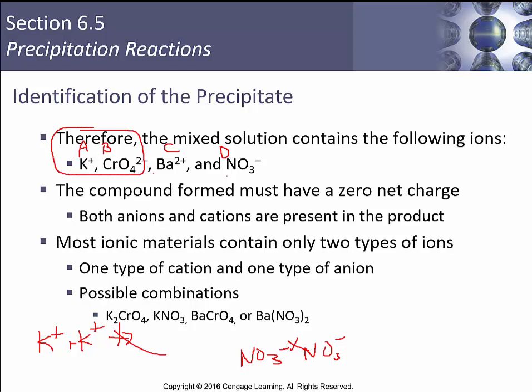If I take A and C, well, A is a +1, and this is a plus charge, so my potassium and my barium, Ba2+, are not going to form a reaction. Nothing's going to happen. So my like charges won't react. My chromate, CrO4 2-, plus the nitrate, not going to happen.